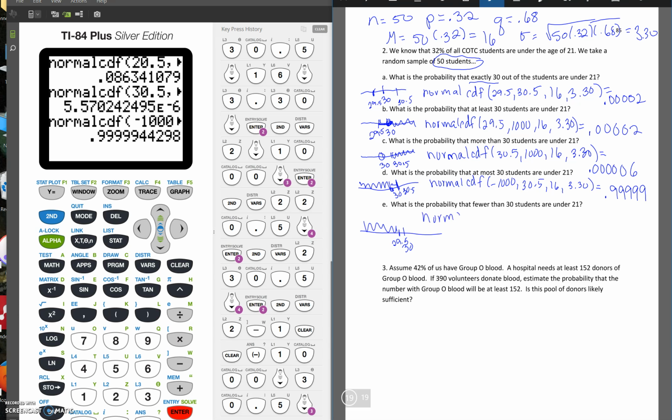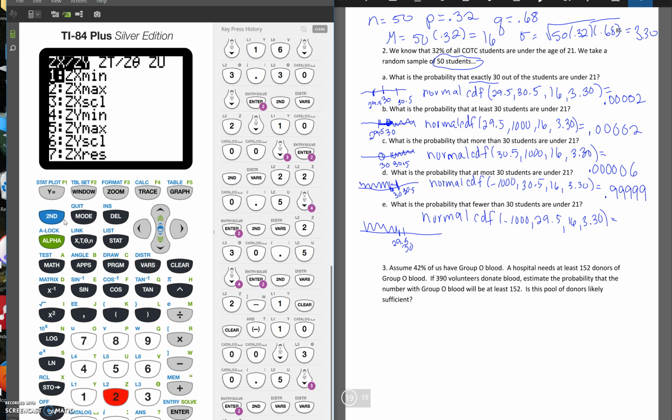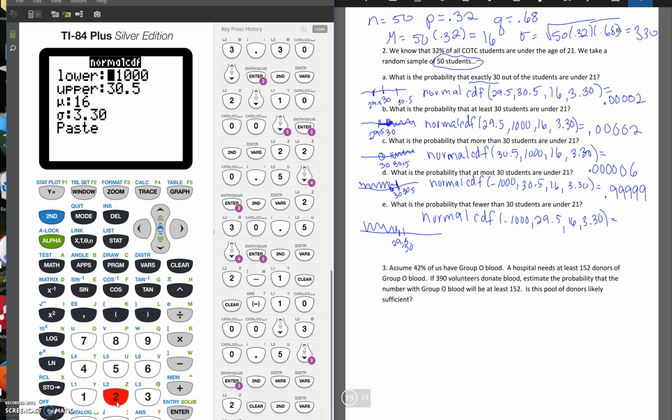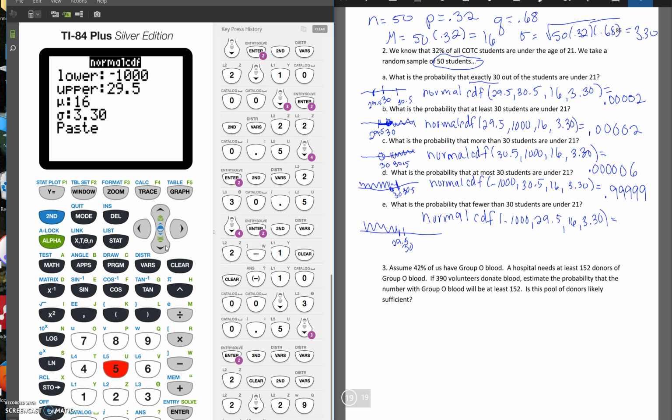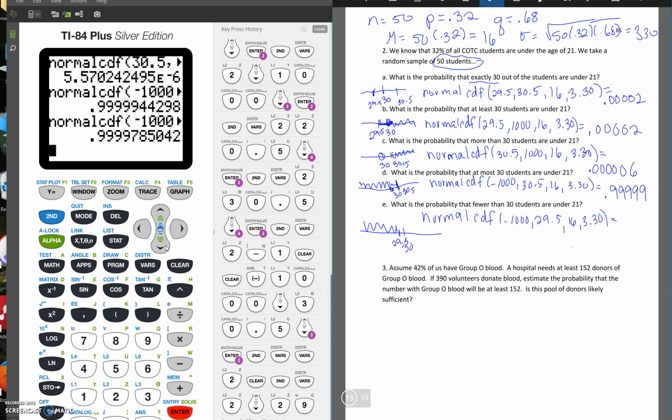So we'll have normalcdf, negative 1,000 up to 29.5, and then still the same mean and standard deviation. So here again, we'd have 0.99998.